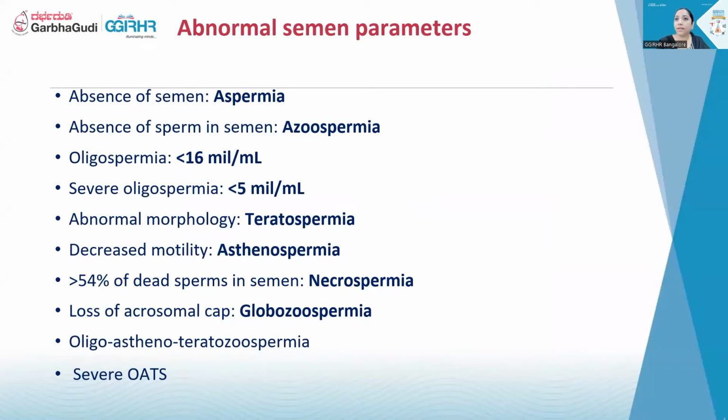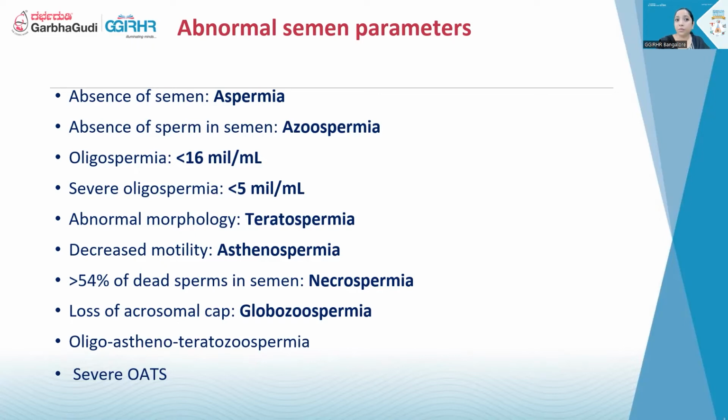Severe oligo is less than 5. And then you have abnormal morphology. By the WHO, 4% or more is normal. So if it is less than 4, 3, 2 or 1, that is termed teratozoospermia or teratospermia. That comes under abnormal sperm morphology.